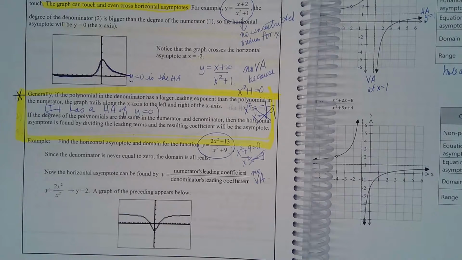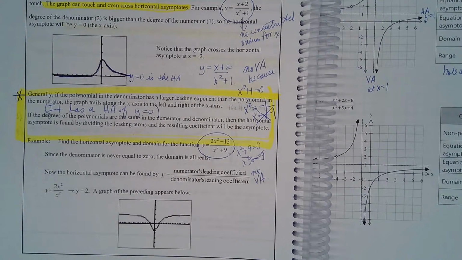If I have the highest powers on the bottom, the horizontal asymptote is y equals 0. If the powers on top and bottom are equal, the horizontal asymptote is the coefficients of the highest powers.